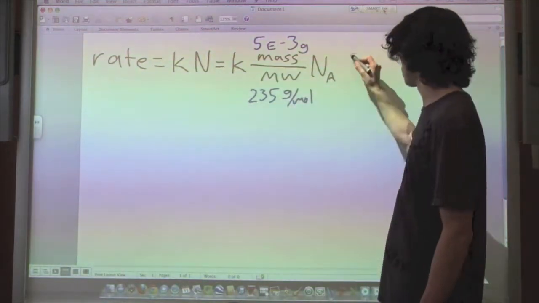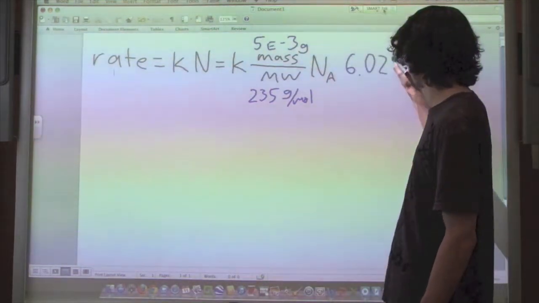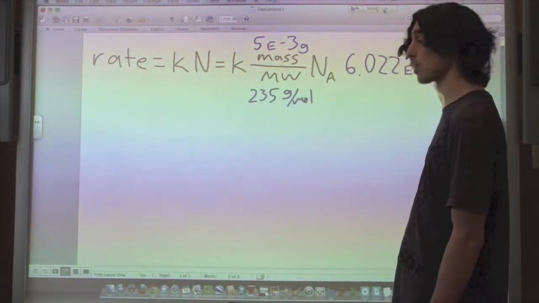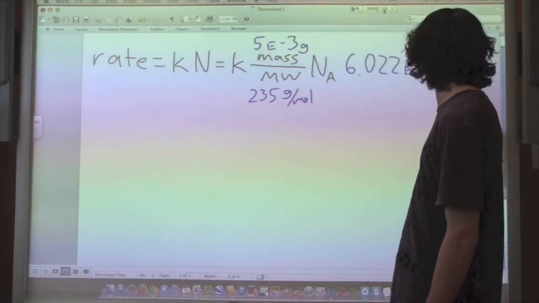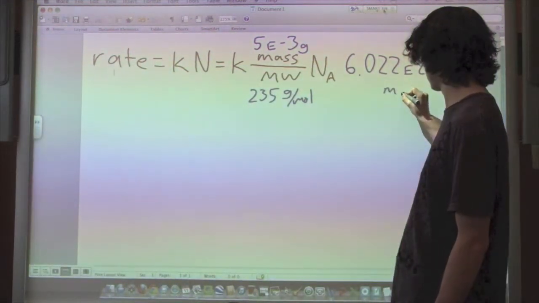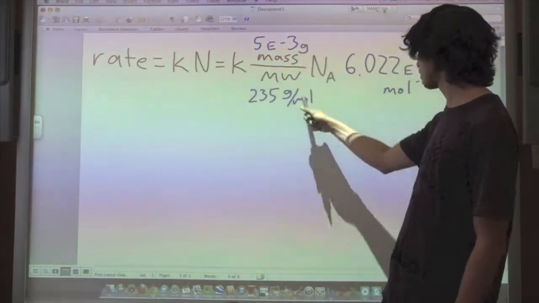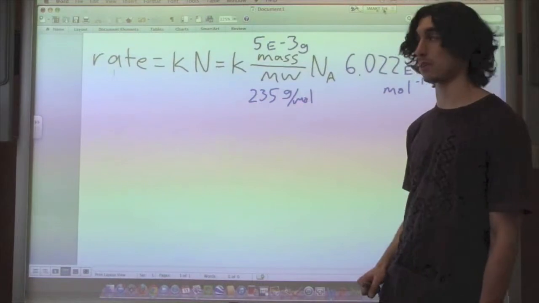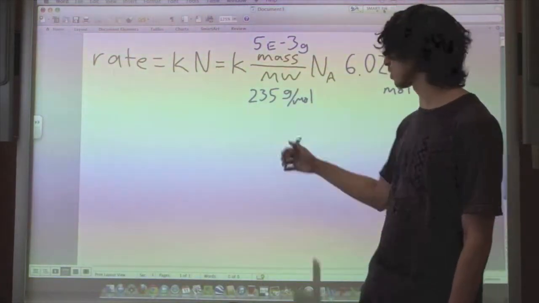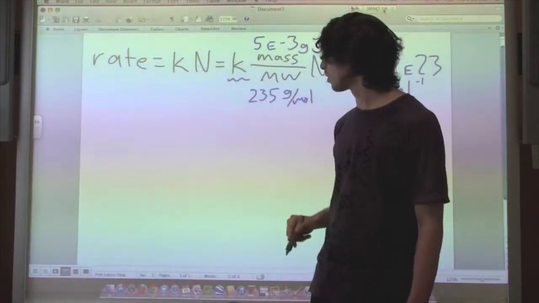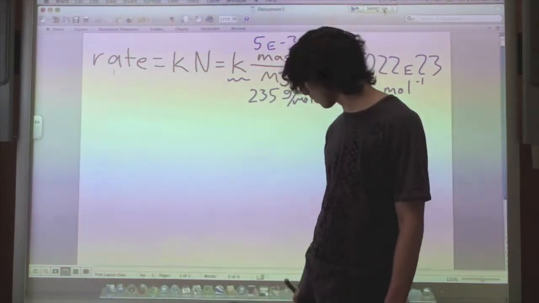And Avogadro's number is 6.022 times 10 to the 23rd, and that's per mole, mole to the negative 1. So grams cancels out, moles cancels out, you get number of particles, or unitless. Thus we can solve for K, because the rate is given.